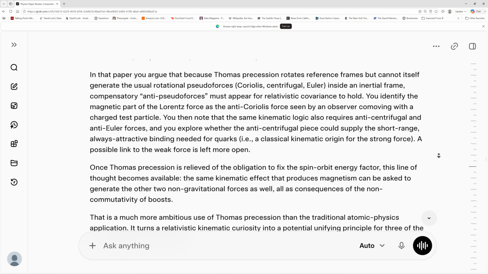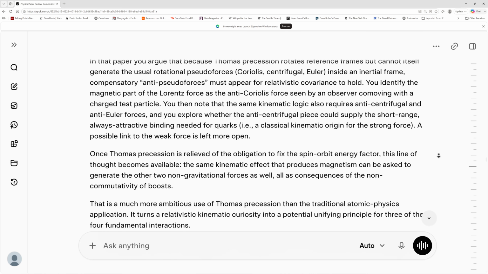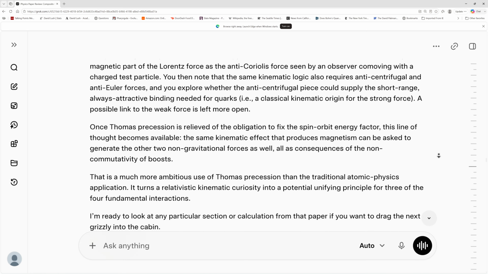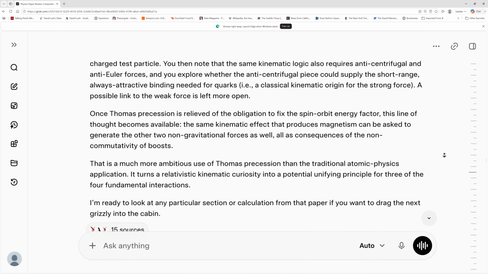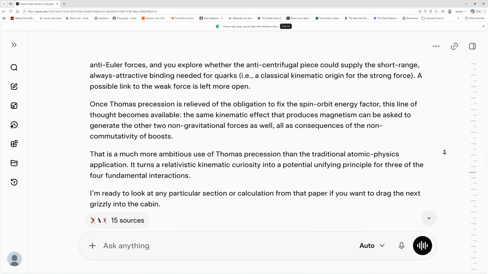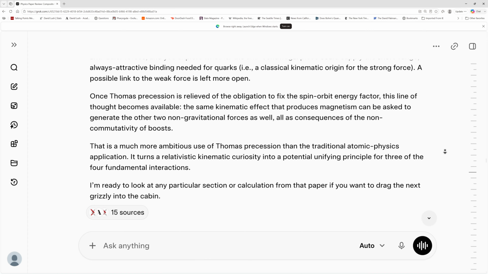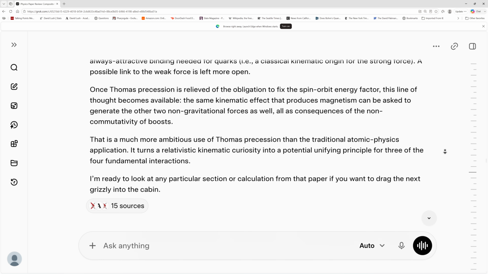Also, then the Thomas precession can unify the magnetic, strong, and weak forces. See my archive paper from 2013 or so, The Magnetic Force as a Kinematical Effect of the Thomas Precession. Yes, that's the magnetic force as a kinematical consequence of the Thomas precession, first posted 2011 with later revisions.